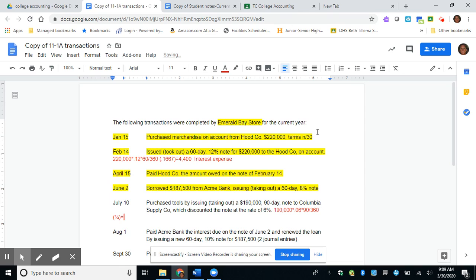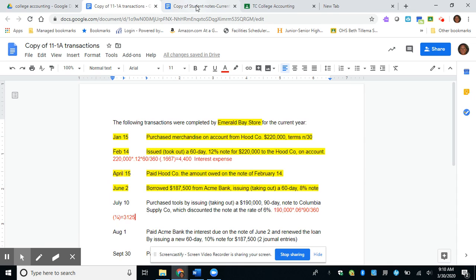I multiply this all out, and this is going to be 3,125. So instead of taking out a loan for the whole 190,000, the amount is 187,150.